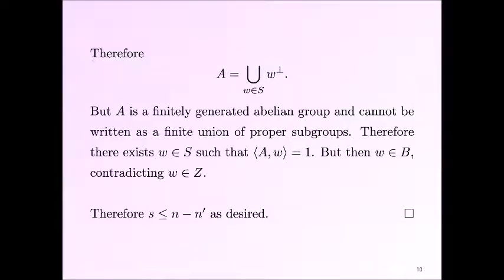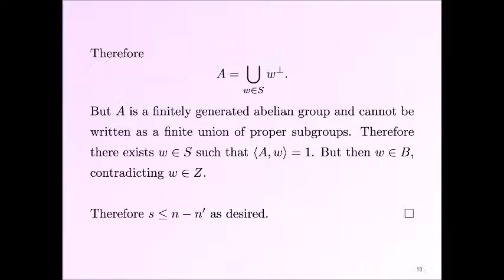So a lies in the orthogonal complement of w as w ranges over S. But this S is finite, and a finitely generated abelian group cannot be written as the finite union of proper subgroups. These are all subgroups, and I'm saying that A is the finite union of these subgroups. Therefore, one of these subgroups has to be all of A.